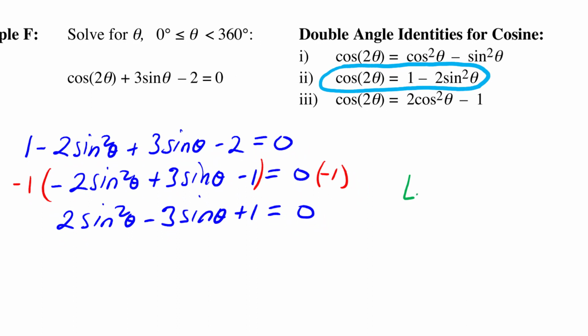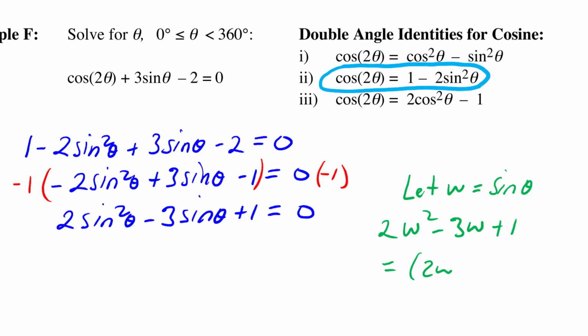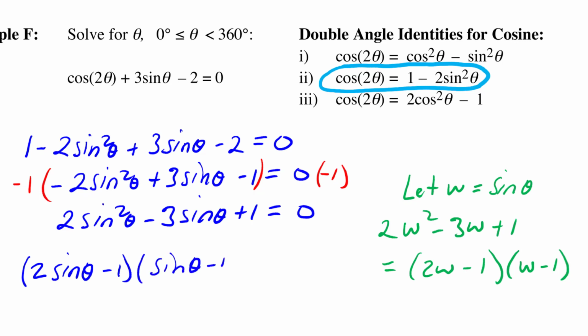We'll need to factor that, so let's let w equal sine theta. This becomes 2w squared minus 3w plus 1, and use whatever factoring technique you know best to factor this into 2w minus 1 times w minus 1. But that becomes 2 sine theta minus 1 times sine theta minus 1 equals 0.